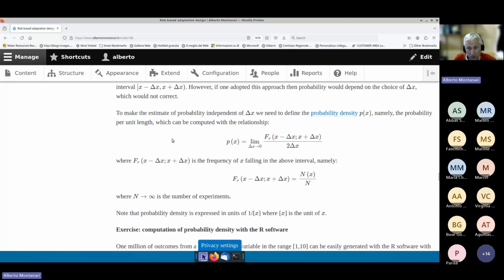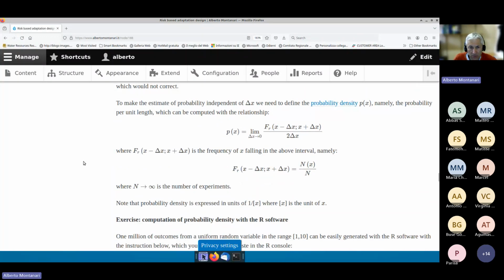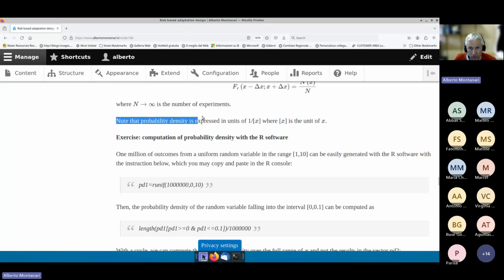And now let's make this computation in R. But before I make the computation, look what is written here. What I just anticipated: the probability density is expressed in units of 1 over x.